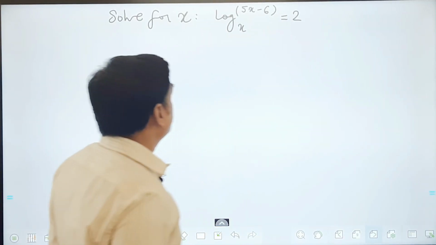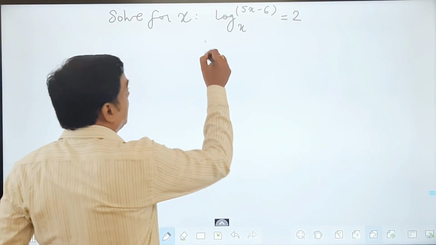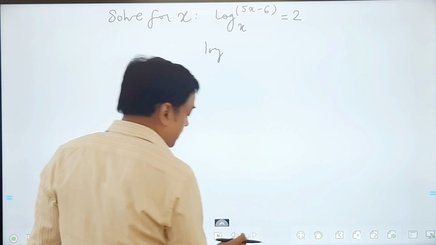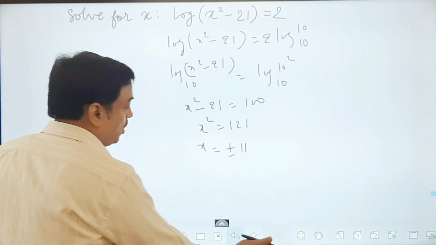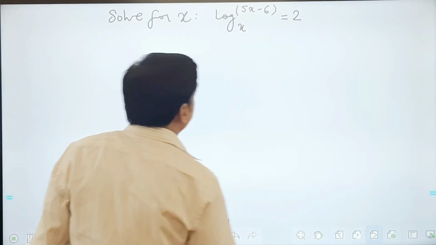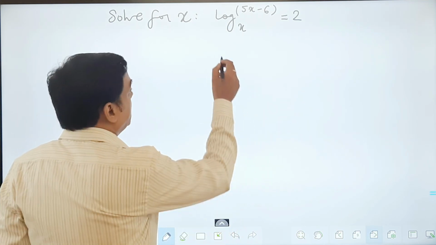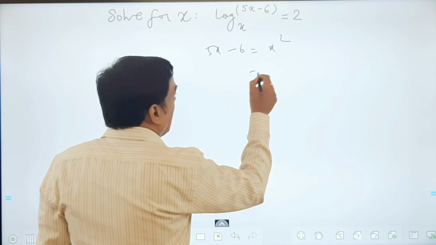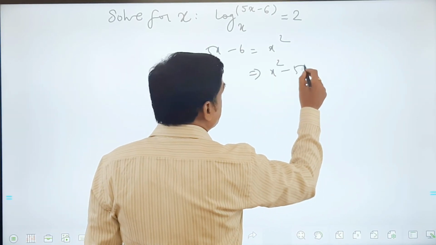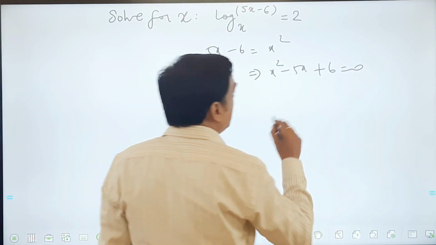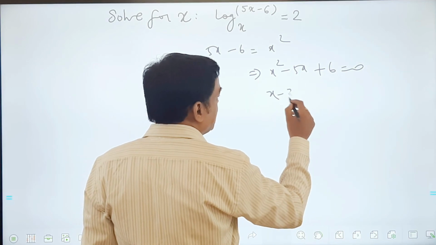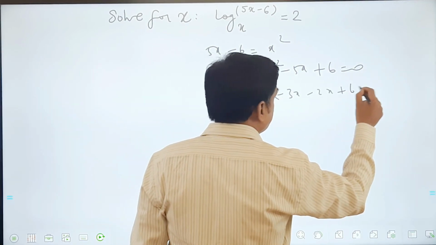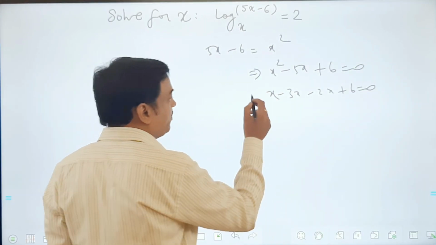Okay. So next one, this. Here, if I convert this from logarithmic form to exponential form, this is 5x minus 6 is equal to x square you get. And a very simple thing, x square minus 5x plus 6 is equal to 0, and x square minus 3x minus 2x plus 6 is equal to 0. I'm doing a factorization here, we all know that.